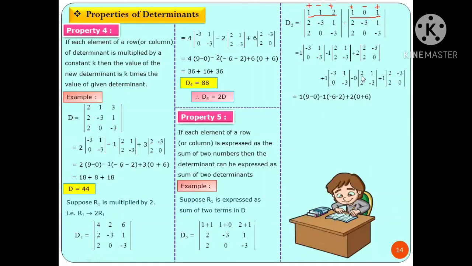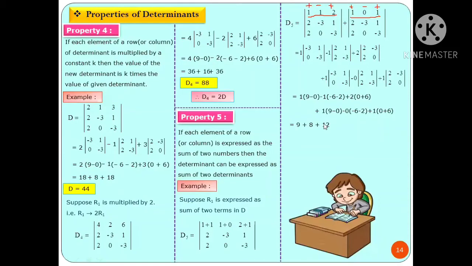Same way solving the last determinants: 1 multiplied by 9 minus 0, minus 0 multiplied by minus 6 minus 2, 1 multiplied by 0 minus 6. Now calculations. 9 minus 0 becomes 9, 9 into 1 is 9. Next minus 6 minus 2 is minus 8 multiplied by minus 1 becomes plus 8. And last 6 into 2, 12.